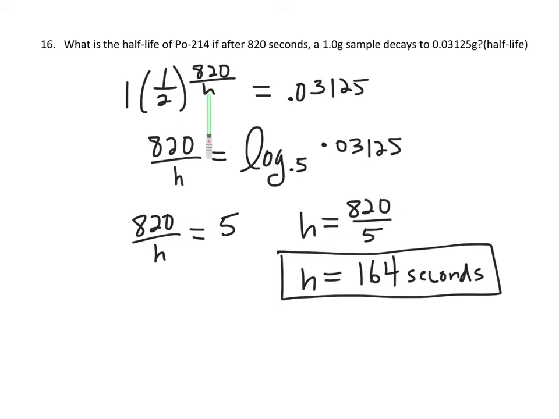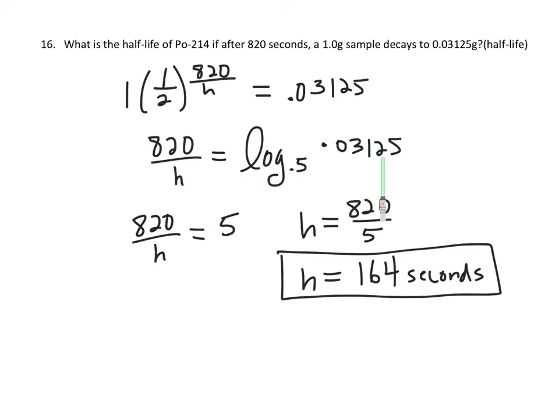We're looking for H. We plug everything into the formula and solve for H. I've taken this exponent and put it down here because I just need to take the log base 1/2 of this number. So log base 0.5 of 0.03125 is going to give me this exponent, 820 divided by H. I need that to find H.